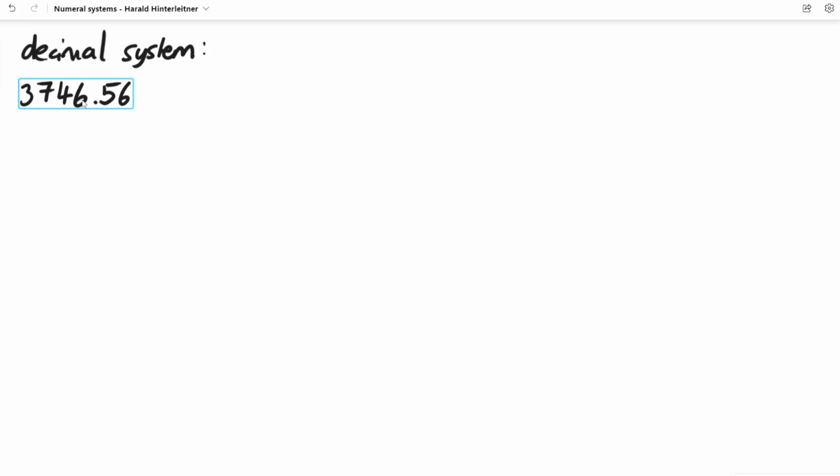Before and also after the decimal point. So this is nothing new for you. You know they represent a factor of a power of 10.